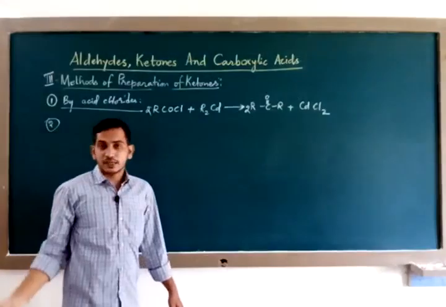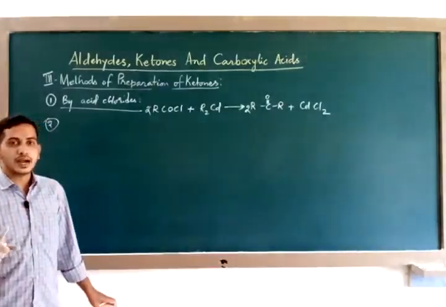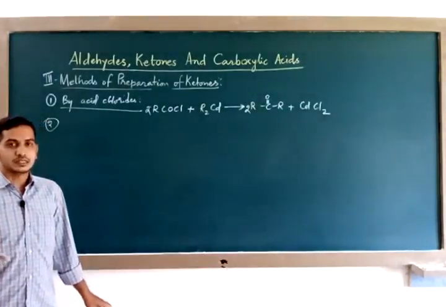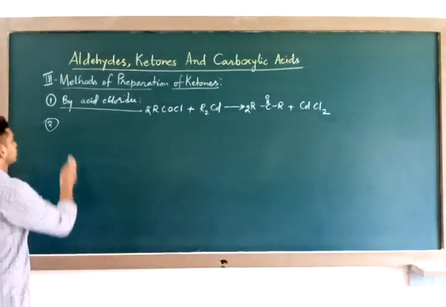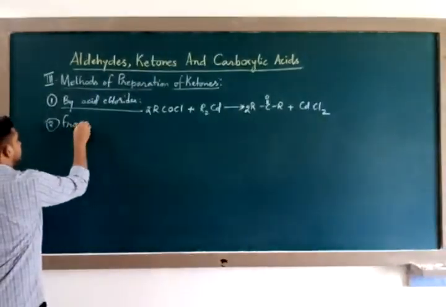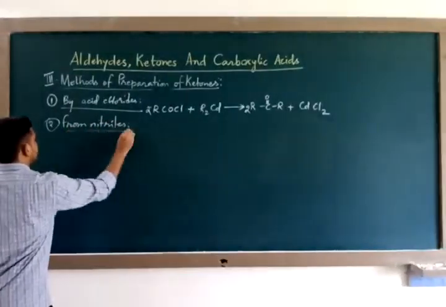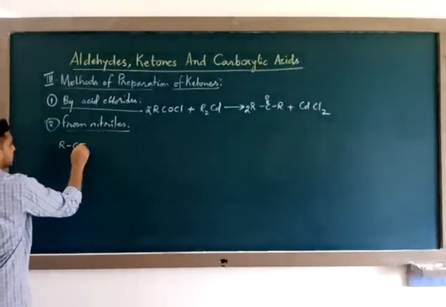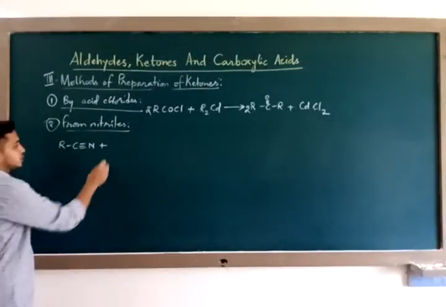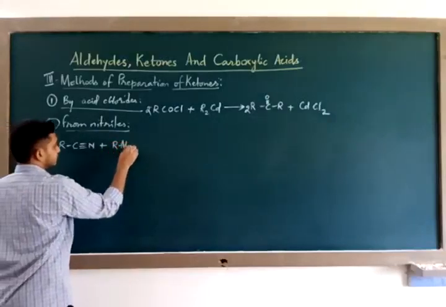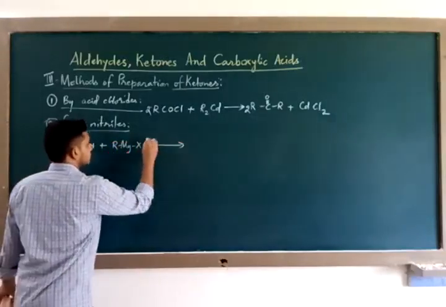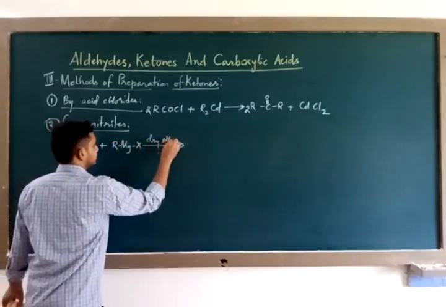Now in the second method, in the methods of preparation of aldehydes you had prepared by Stephen's reduction using nitriles. Here also use nitriles, but the second reagent would be different. RCN. React this with a Grignard reagent in the presence of dry ether.